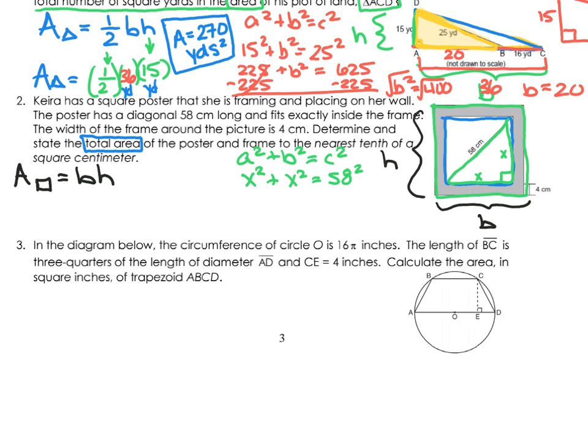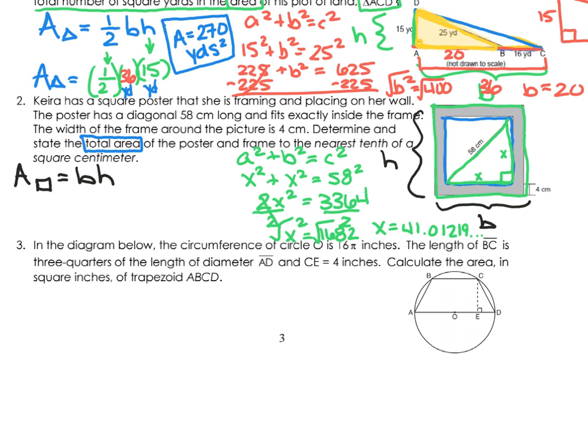Okay? x squared plus x squared is 2x squared equal to 58 squared, which is 3,364. We cannot square root yet because we got this 2 here, but we can divide by 2 so that x squared is now by itself, and we can square root in the next step. Okay? This gives us 1682. Go ahead and square root, and x comes out to equal 41.01219 dot, dot, dot. Okay?